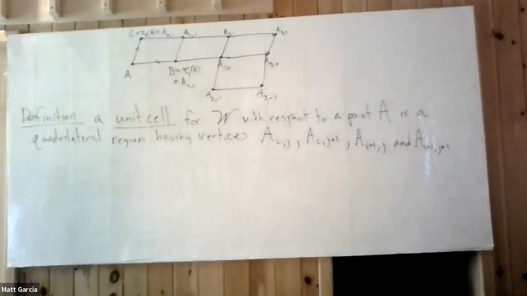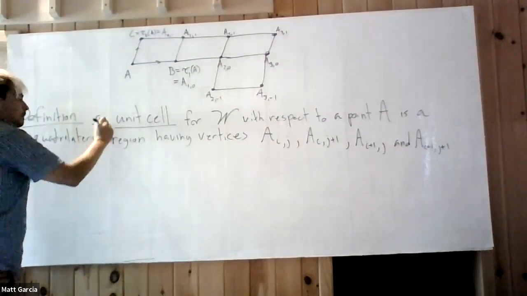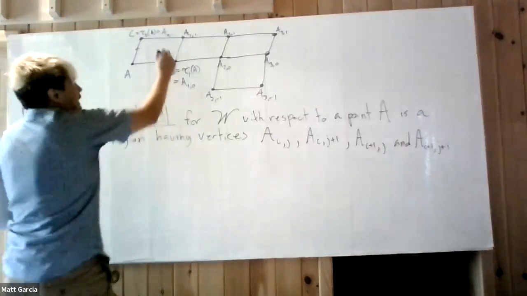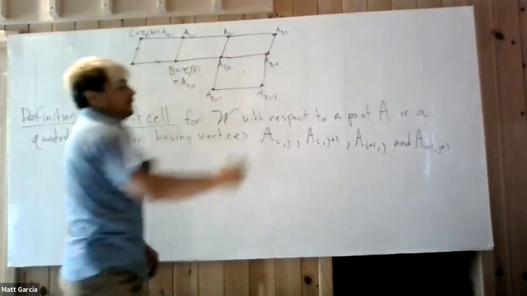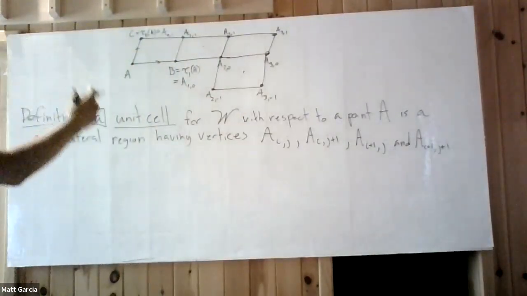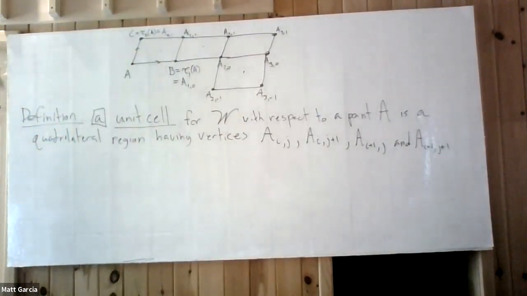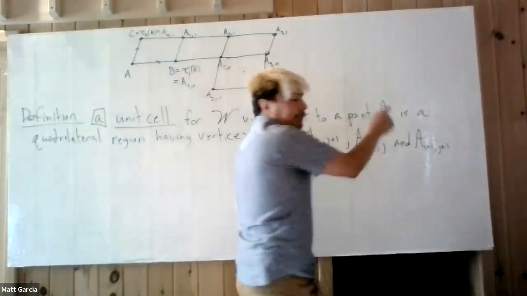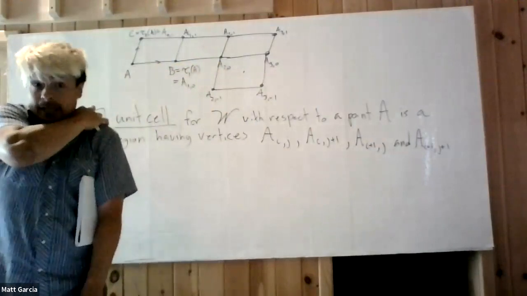Okay, so a couple things to notice here. First of all, note the use of the word "a" here. That is to say, each one of these is a unit cell. It's not a unique thing; there are many unit cells. Note also that I put in this clause "with respect to some point A."